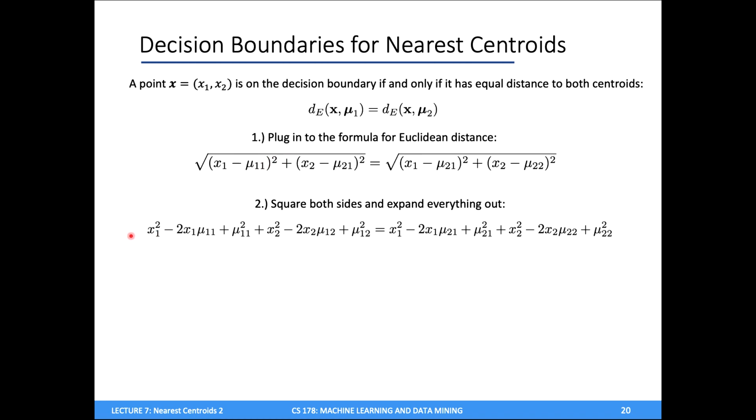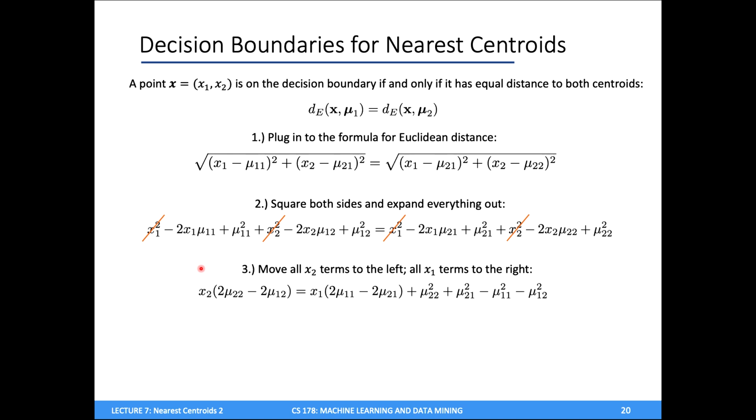And if you do that, you get this pretty long, ugly expression, but we'll get something nice and simple eventually. One thing I'd like to point out here is that we do have terms that are quadratic in x on both sides. So we've got an x1 squared and an x2 squared, but we've also got an x1 squared over here and an x2 squared over here. So I can go ahead and kill all these terms. All the second order x terms drop out.